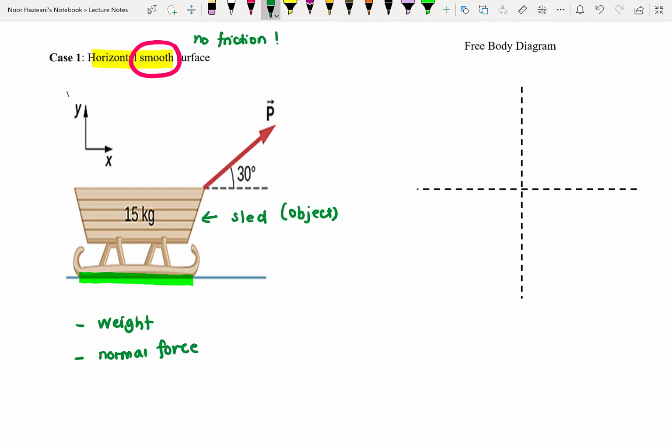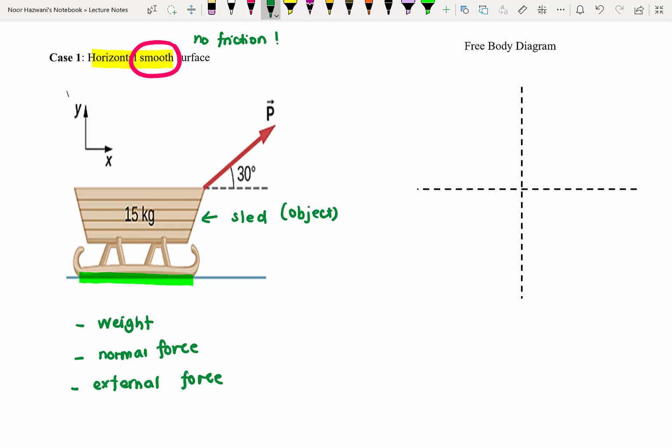And then since the arrow here tells us that the slat is being pulled, it means that there is an external force. So we have 3 forces to be drawn on the free body diagram.